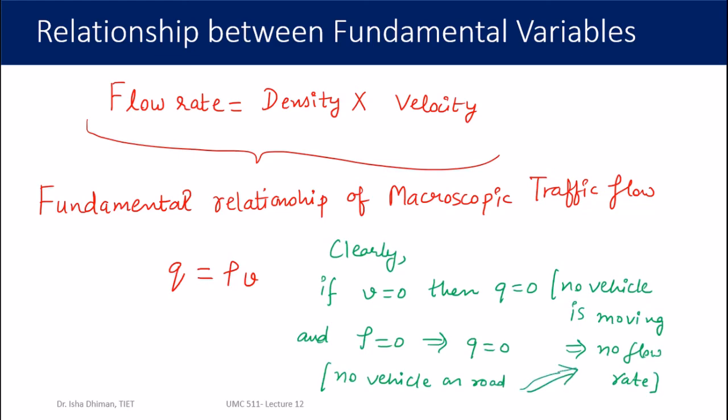That's mathematically true, and we are able to see that intuitively also. That makes sense. So this relationship makes sense, and we have derived it using dimensional analysis. We'll be using this further in the subsequent calculations related to macroscopic traffic flow models.